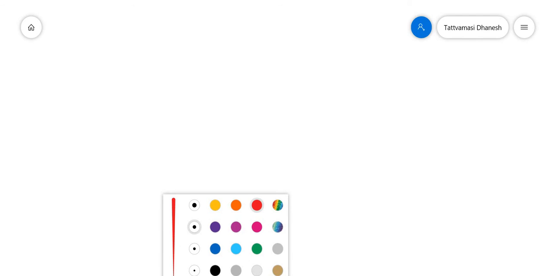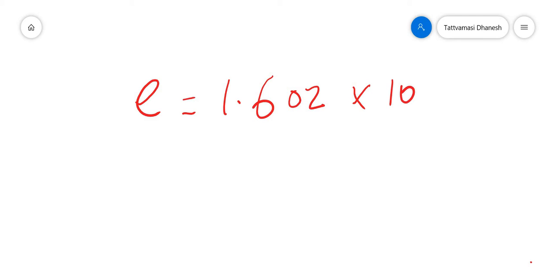You can remember the charge of an electron as 1.602, or 1.6 into 10 raised to minus 19 Coulomb. C stands for Coulomb. Coulomb is the unit of charge. That's the charge of an electron.